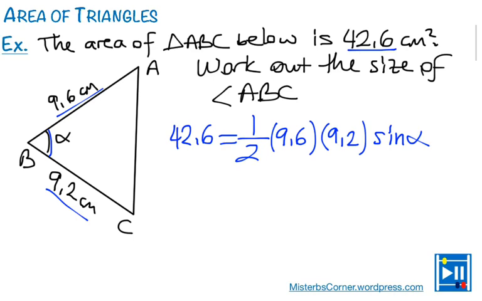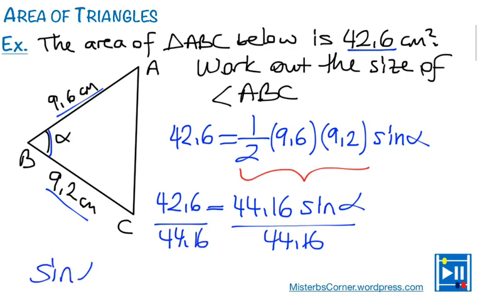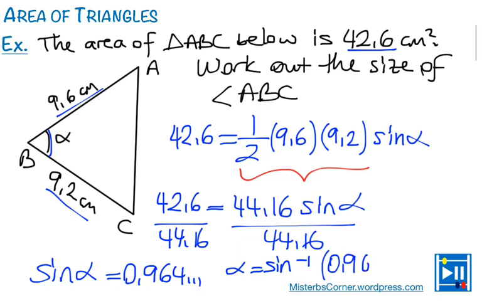Now there's no harm in calculating this bit, so when I calculate that I get 44.16, and if I divide both sides with this number, I'll get sine alpha to be 0.964 and so on, and then I can calculate alpha to be sine inverse of 0.964, and the answer will be 74.579 and so on.